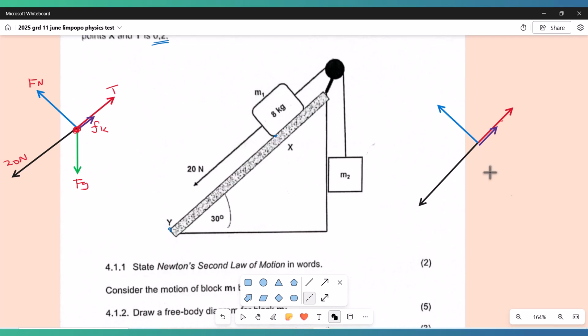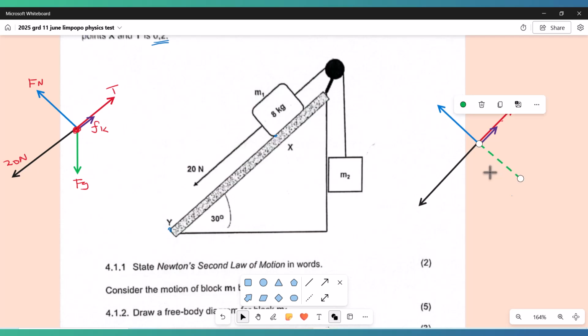I was saying that this force of gravity, which you see in green, I'm going to get two components. One component is going to act like this. It's going to be perpendicular to the plane, okay? So this is my vertical component altogether, which we call Fg perpendicular.